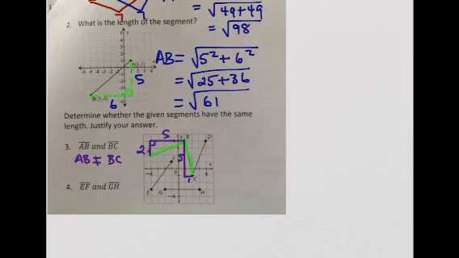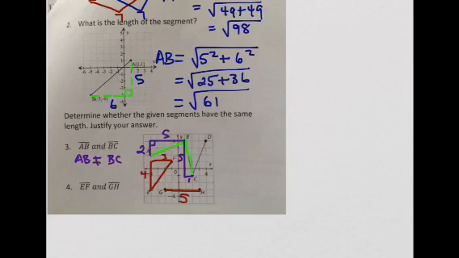Then we go to the next one, EF. EF is right here, and GH is right here. GH is exactly 5 units long. And when you do the triangle here, this is 3, and this is 1, 2, 3, 4.